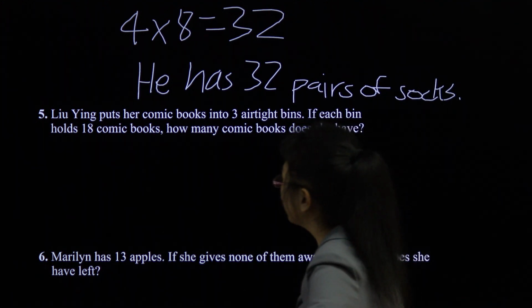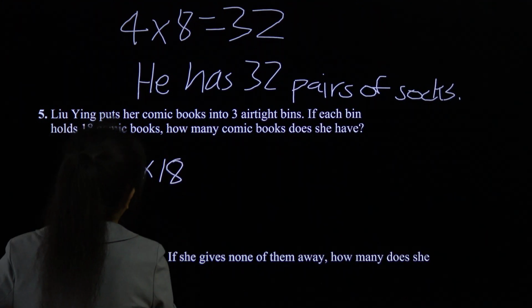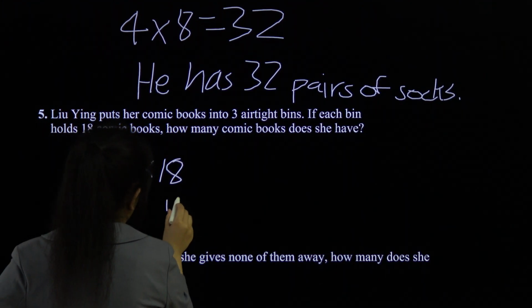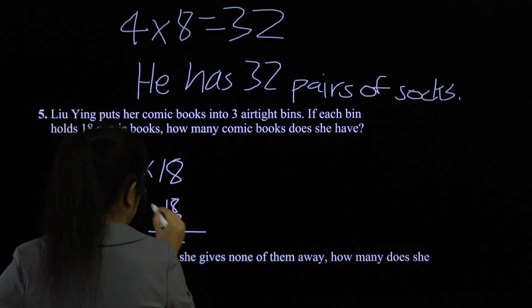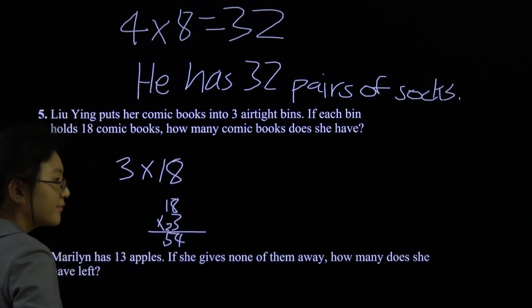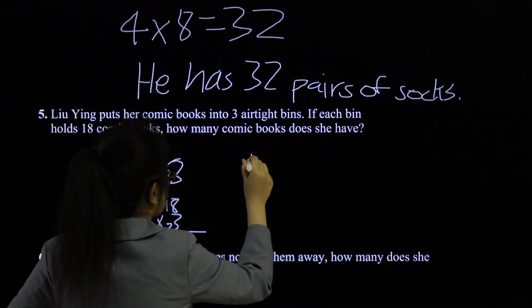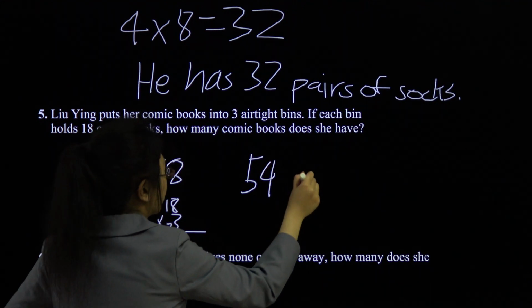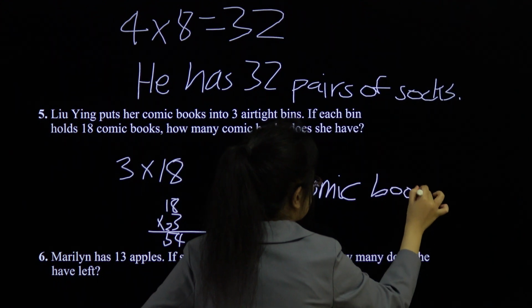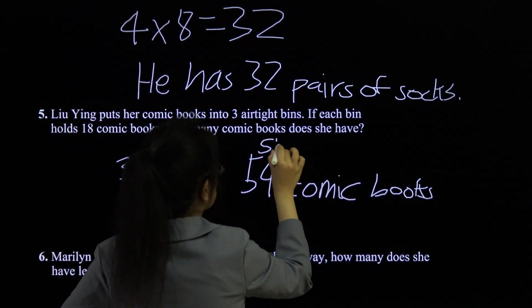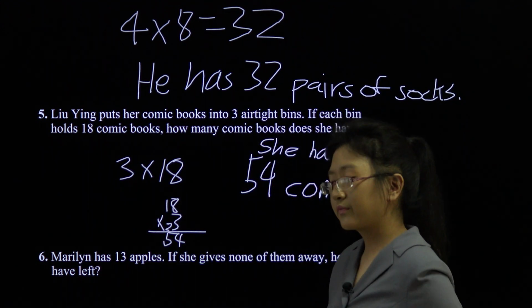That's 3 times 18, which is equal to 54. 54 comics. Well, comic books. She has 54 comic books.